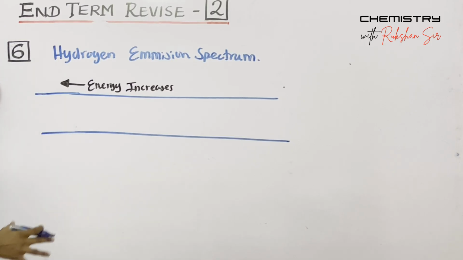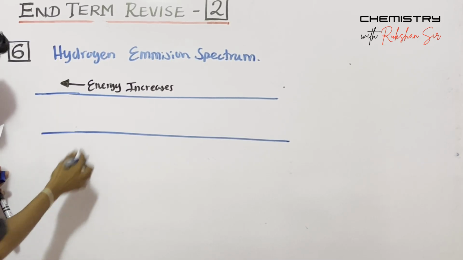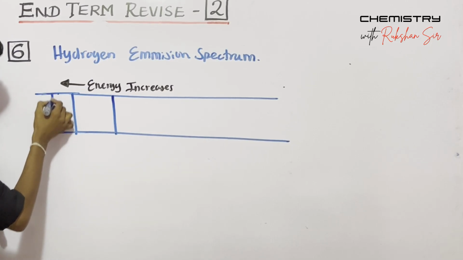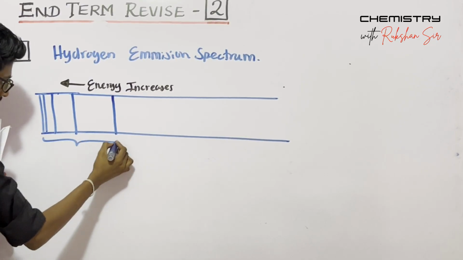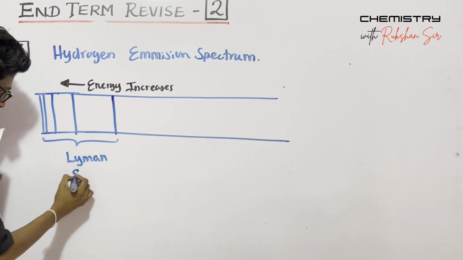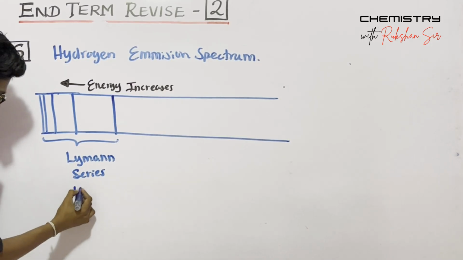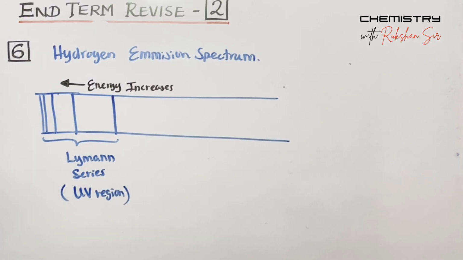At the greatest frequency region, or greatest energy region, you are with the Lyman series, which is in the UV region. Then you have the Balmer series.